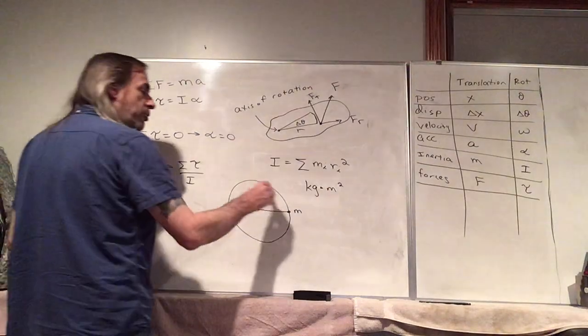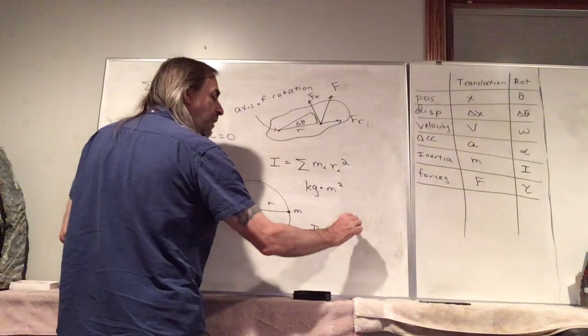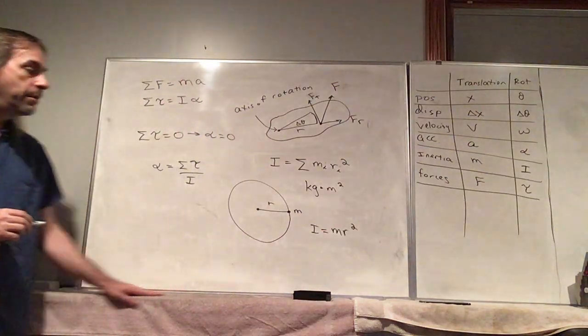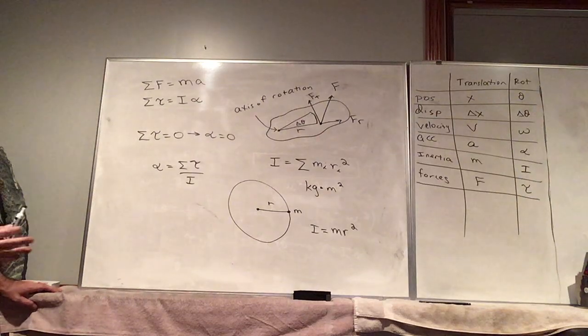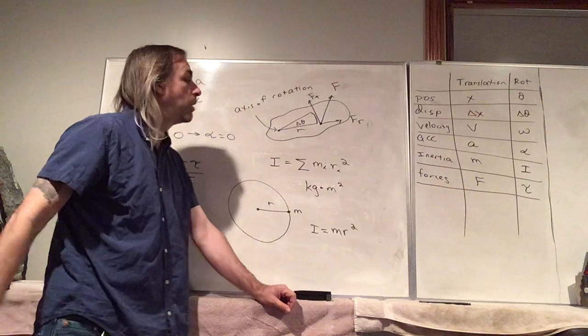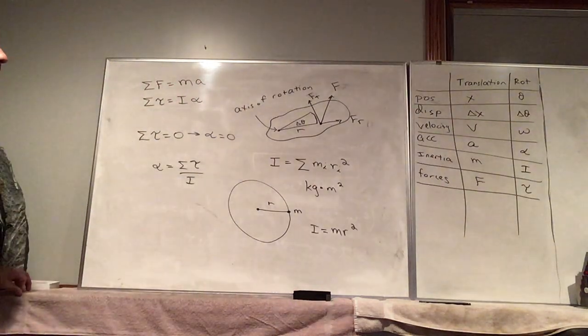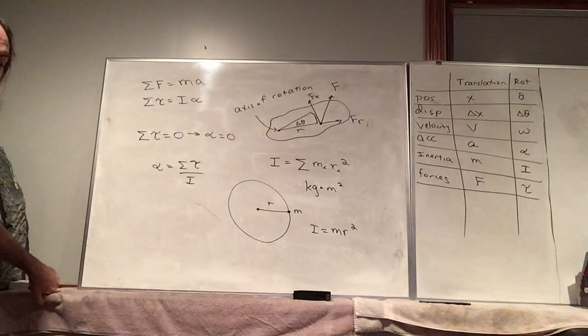Then the moment of inertia of this object would just be m r squared. So if you have a point particle, you can find its moment of inertia. Otherwise, it'll be some extended object, in which case you just look it up. You can always calculate them, but that requires calculus, so we just look them up.